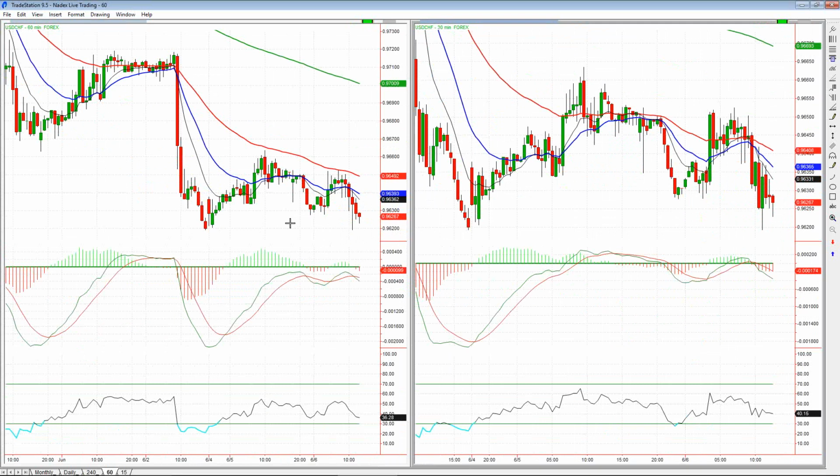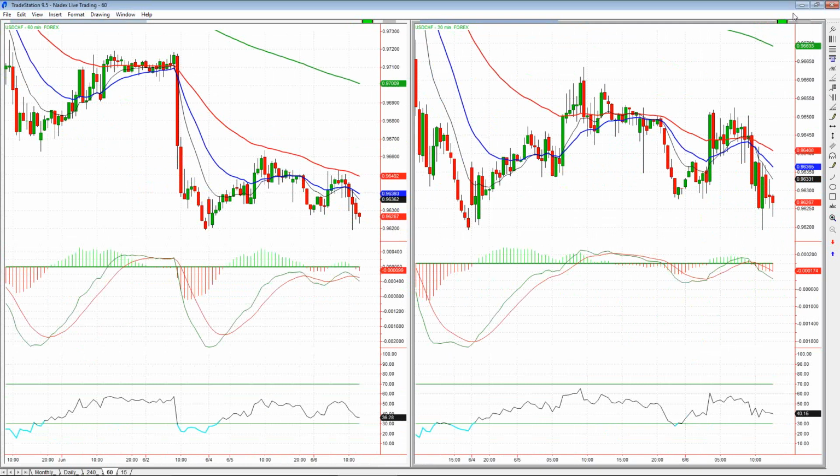So those would really be the Nadex binary contracts that I'd be looking at, but I'd be looking at something at 96.20 or something just a little bit below that. And once we get the breakout and it breaks that 96.20 level, then I have confirmation that the market has potential for moving lower.